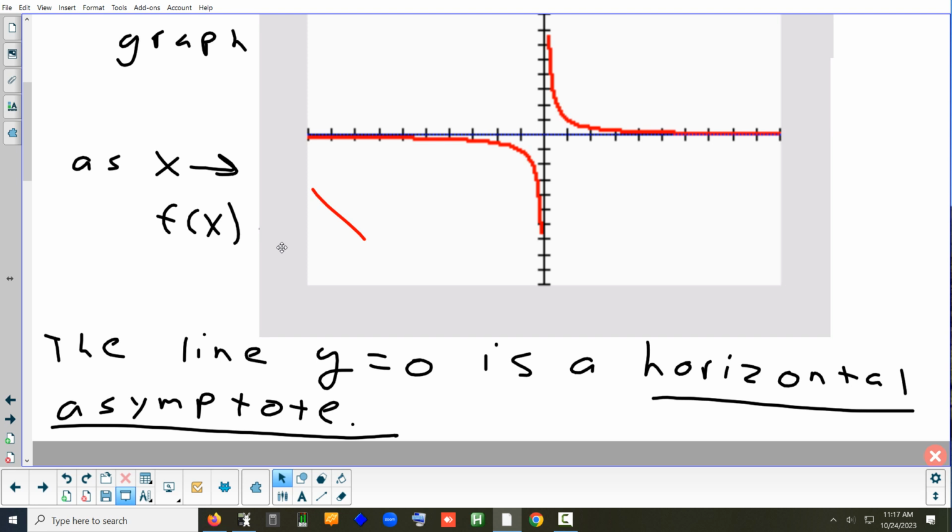X equals 0 would be a vertical. Isn't there a horizontal and vertical asymptote in this scenario? Yeah, we're going to talk about the vertical in a little bit. So for now, just the horizontal. And remember, an asymptote is a line that a graph gets closer and closer to as you head to infinity, but it never hits it in this case. It just gets closer and closer.